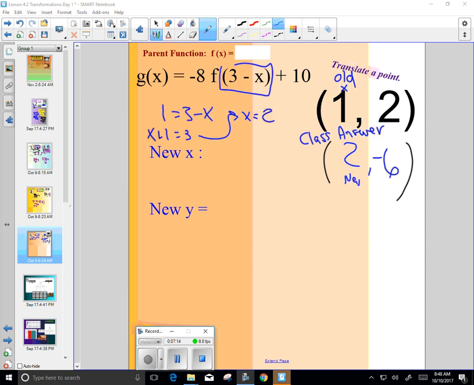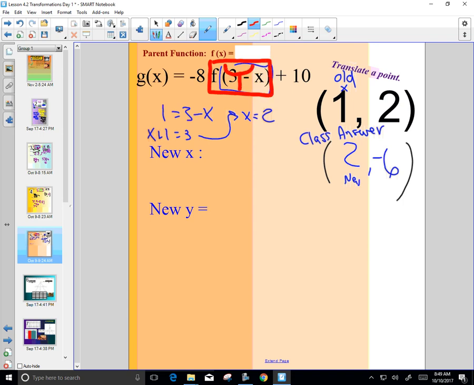Very good. All right. Then for the other, this whole thing here is the same as the old y. So the old y is 2.